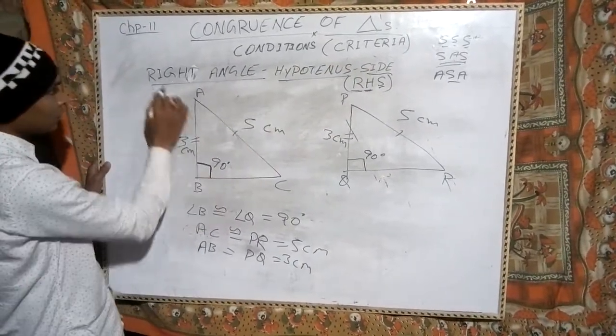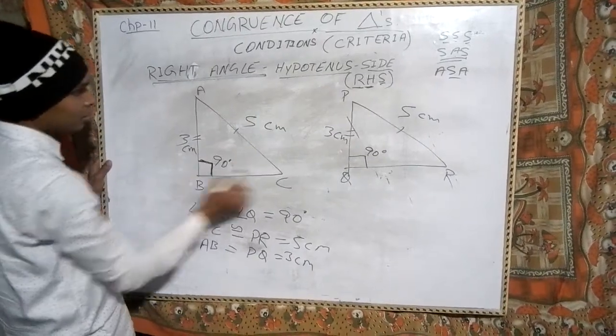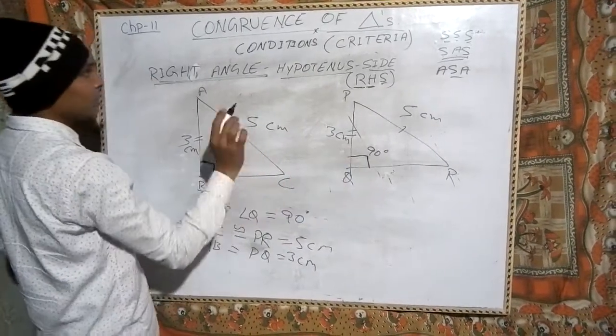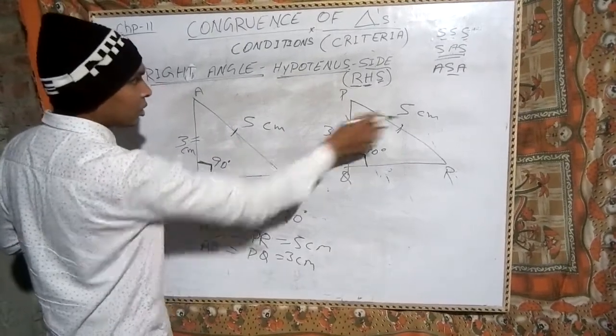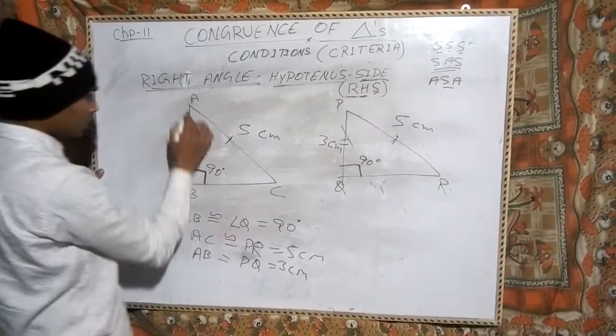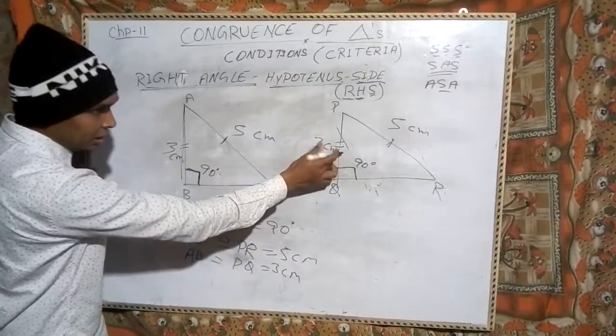Right angle, this is right angle, equal, similar; hypotenuse, equal and similar; side, this side and this side equal.